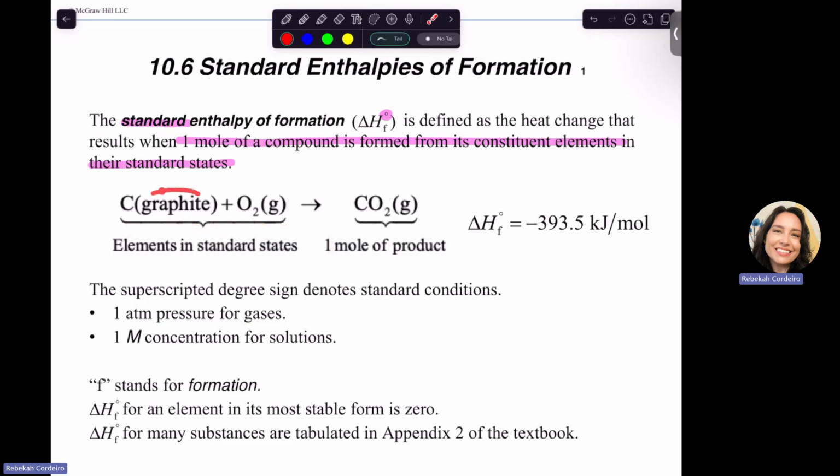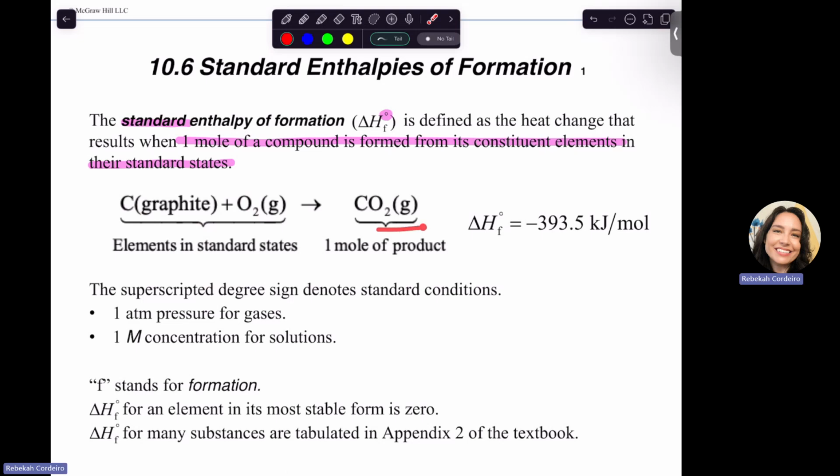Carbon exists naturally as graphite, which is what's in your pencil lead. Oxygen exists naturally as a diatomic gas, and this is 1 mole of products. If this were 2 CO2, this wouldn't be an enthalpy of formation reaction. You need to be able to identify if a reaction is an enthalpy of formation reaction, and it has to have these things checked off.